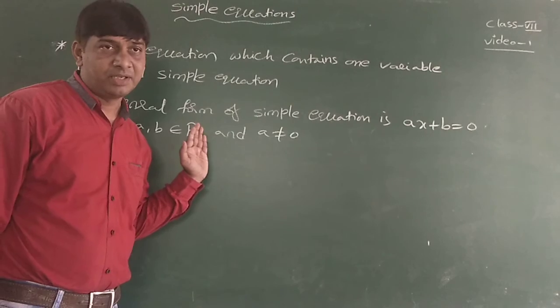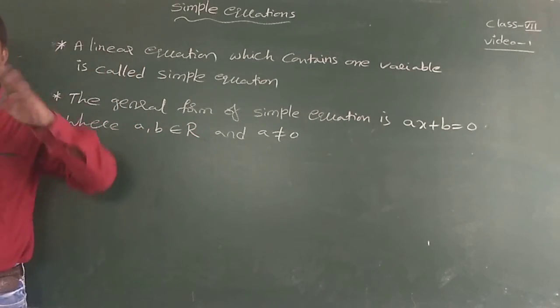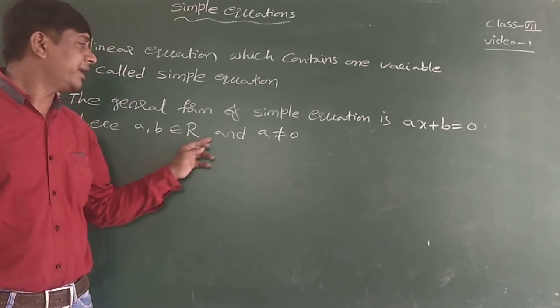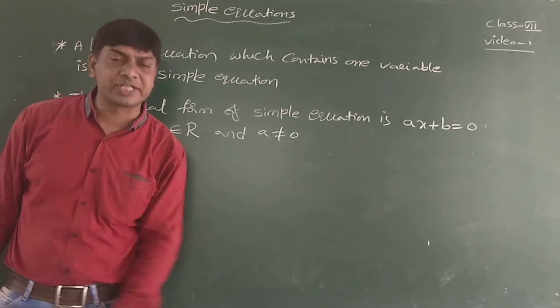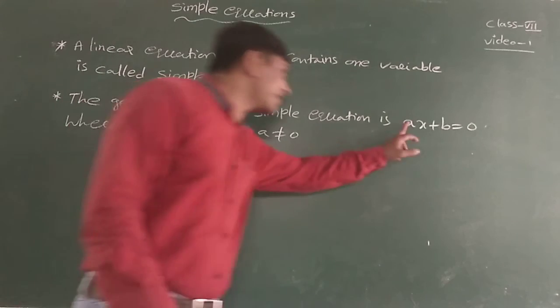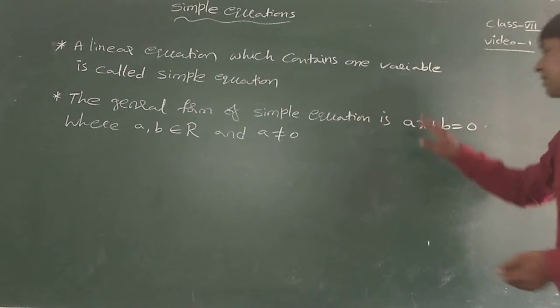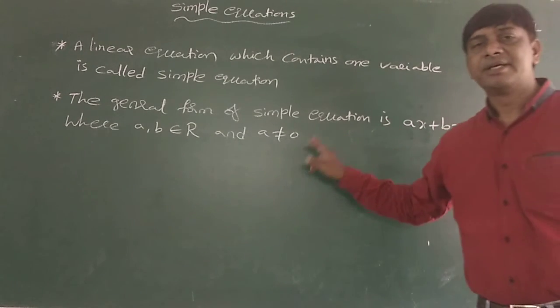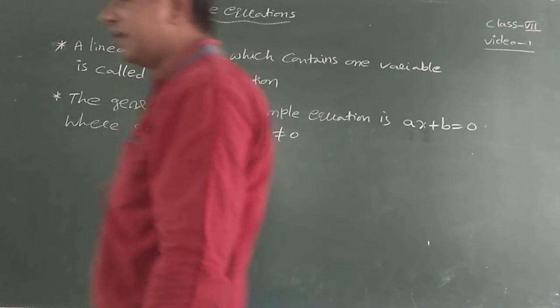Keep in view that for higher classes I am using real coefficients, and a is not equal to 0. If a becomes 0, this whole equation becomes b is equal to 0, a constant. There is no variable. When there is no variable, how can you say that is a linear equation in one variable? You can't. So a should not be 0. Please note this down.